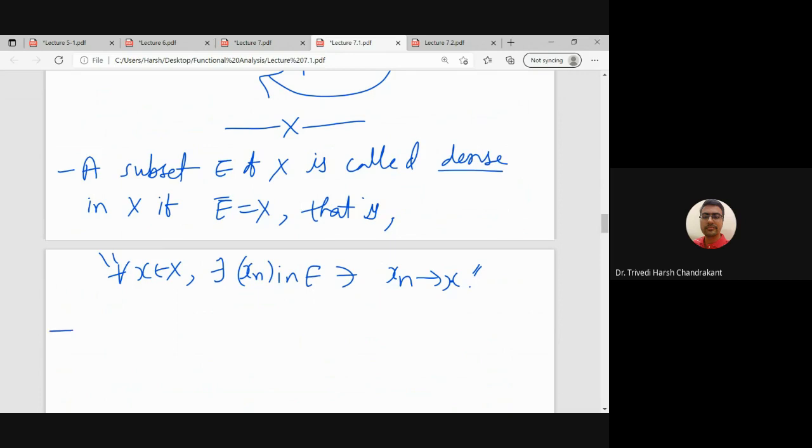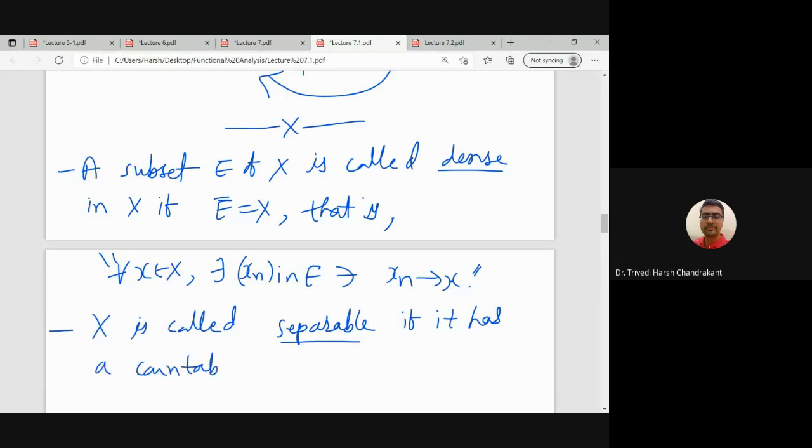And there is a notion of separability. So X is called separable if it has a countable dense subset. Is the set of real numbers separable or not?